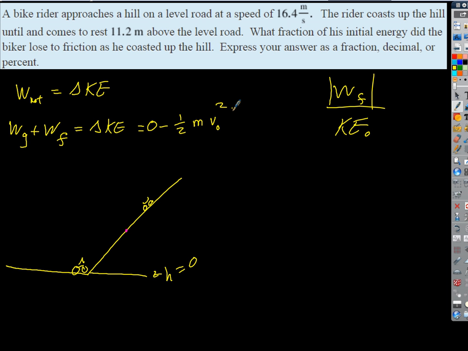So then, all right, we need to find the work due to friction, right? So the work due to friction is equal to the change in kinetic energy, so negative 1/2 m v naught squared, minus the work due to gravity. What's the work due to gravity?